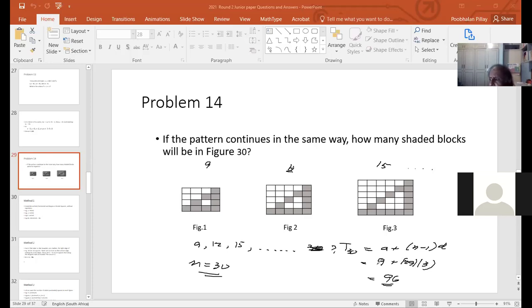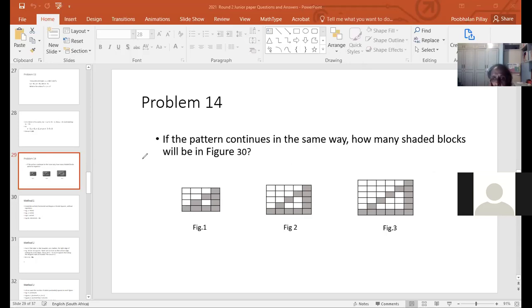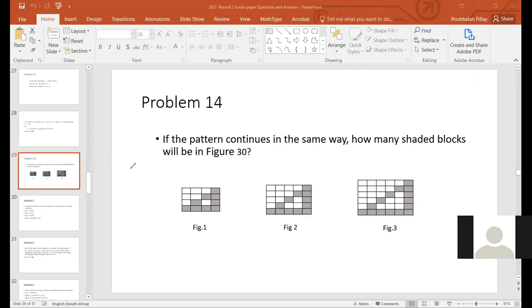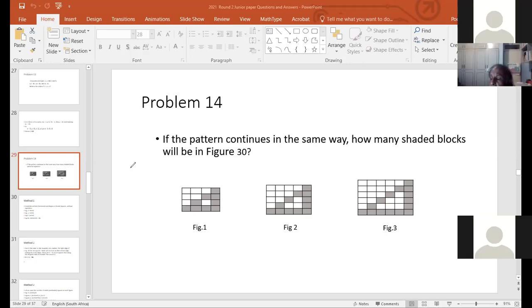Okay, somebody else had another way of doing it. Are there any other ways of doing it? Sir, yes. What if you multiply the term by 3 and add 6? It will still equal 96.